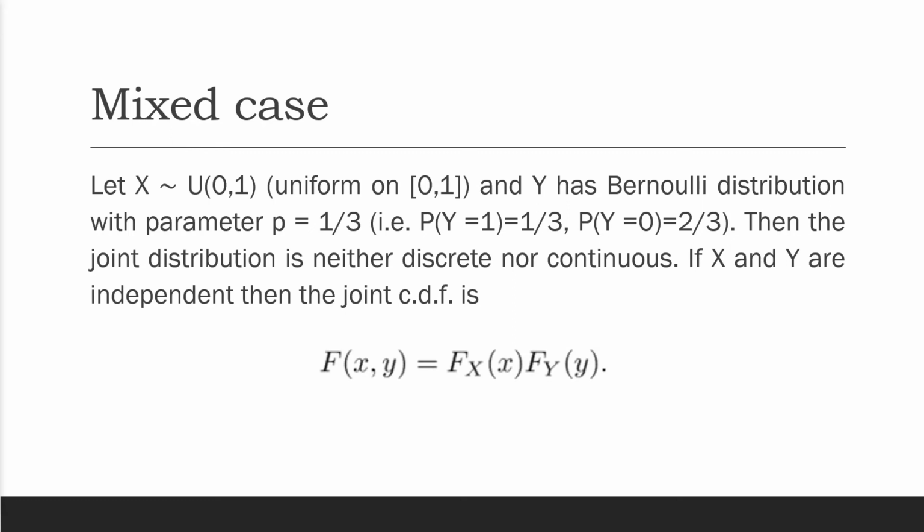Then the joint distribution is neither discrete nor continuous. If x and y are independent, then the joint cumulative distribution function f of (x, y) is equal to f of x in terms of x times f of y in terms of y.